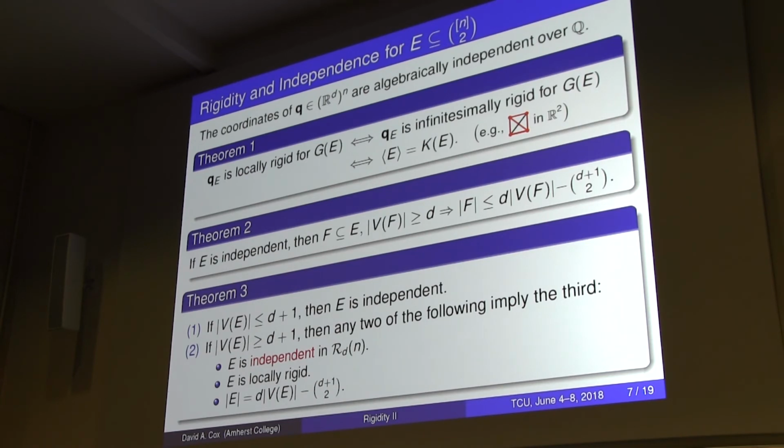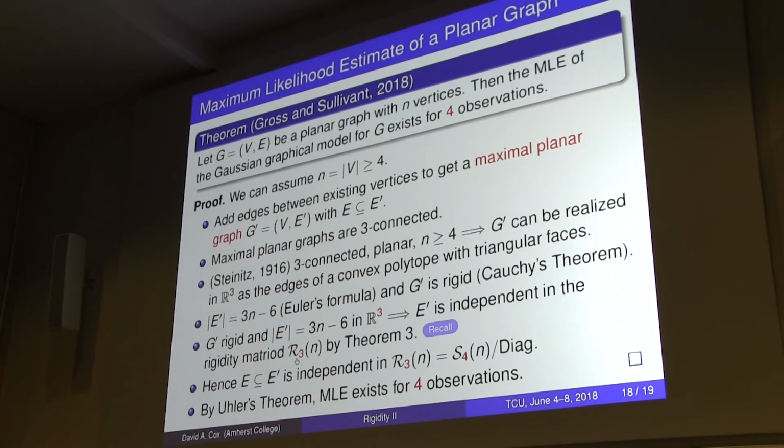So here again, remember what we just showed. We showed that we have local rigidity, we have the right number of things, and those two things give us independence.